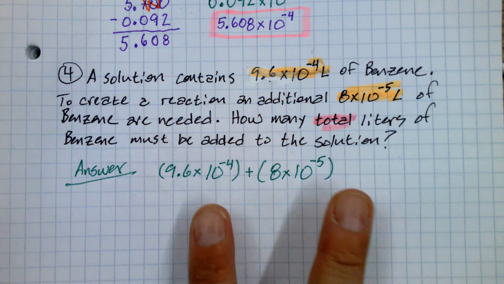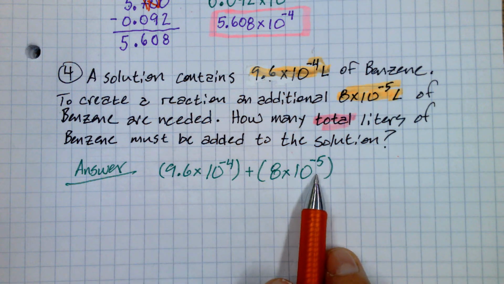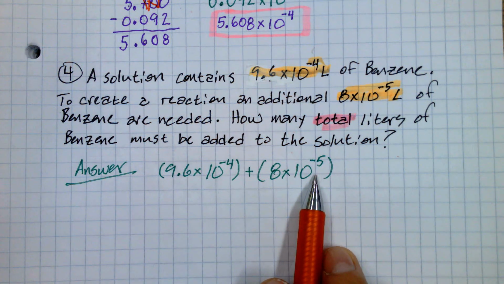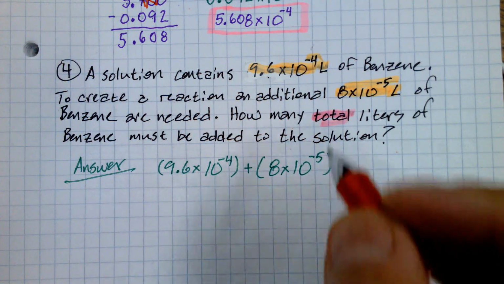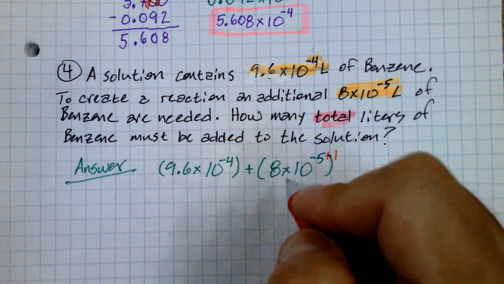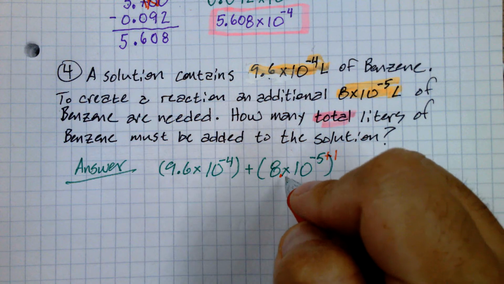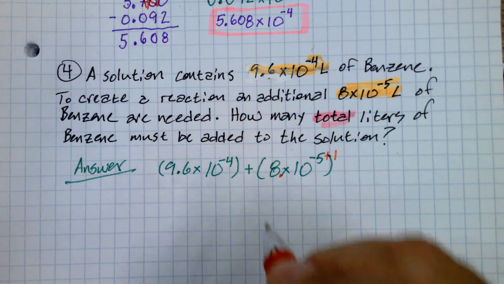So same as before, powers of 10 aren't the same. We either change negative 4 down to a negative 5 or negative 5 up to a negative 4. Yeah, negative 5 to a negative 4, because that's a smaller number on the negative side of the number line. So we want to basically add 1, right? So here's our decimal point. Is it going to go 1 to the left or 1 to the right? 1 to the left.